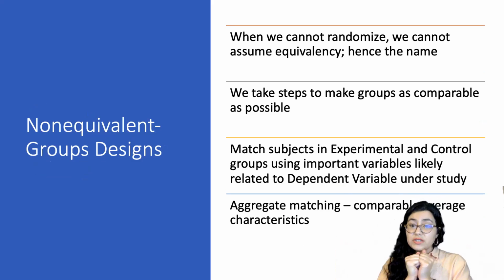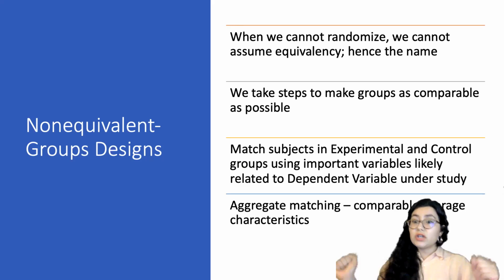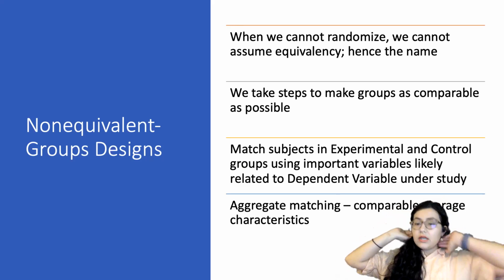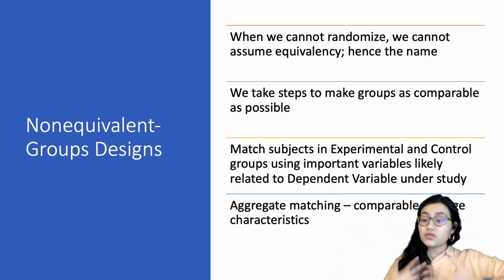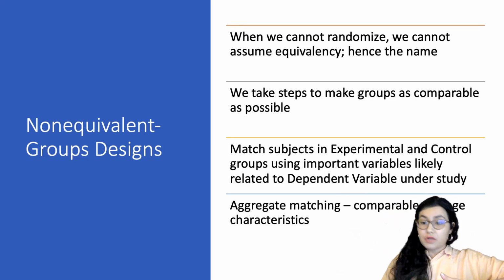Sometimes we'll match subjects in an experimental and control group using important variables that are related to the dependent variable under study. So in the example I've been using of whether or not certain drug interventions are effective, we might pre-test people on their drug use. So we might actually line people up and match them.